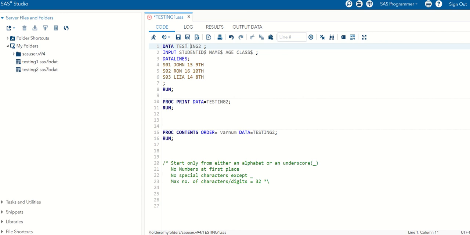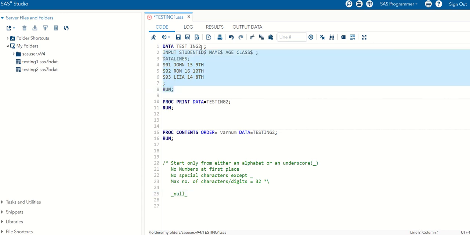That's one exception, and the other exception is this one. When we use _null_, although it looks like a valid name, since the word is null, SAS will understand that we don't want to make a data set, so it won't make a data set. Although it will process the content, it won't save it as a data set.